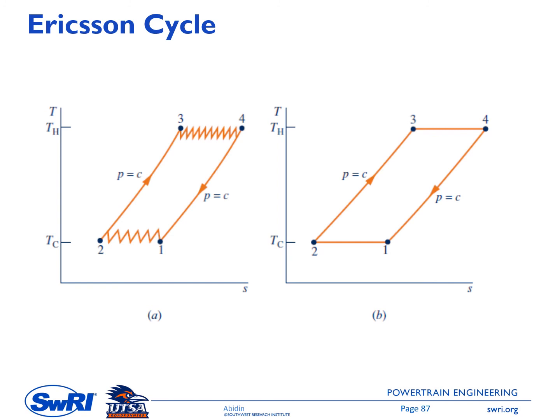In real applications, the number of stages for the compressor and turbine is between 2 and 3. And we can also make an analysis in case the number of stages is unlimited.